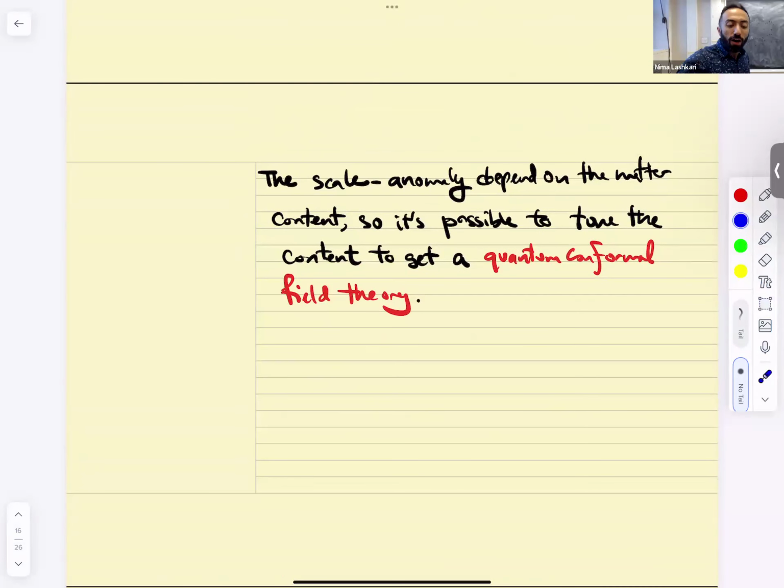The operator product expansion, OPE, we're going to briefly discuss. It's about a different way of thinking about quantum field theory, and hopefully it includes interacting theories.